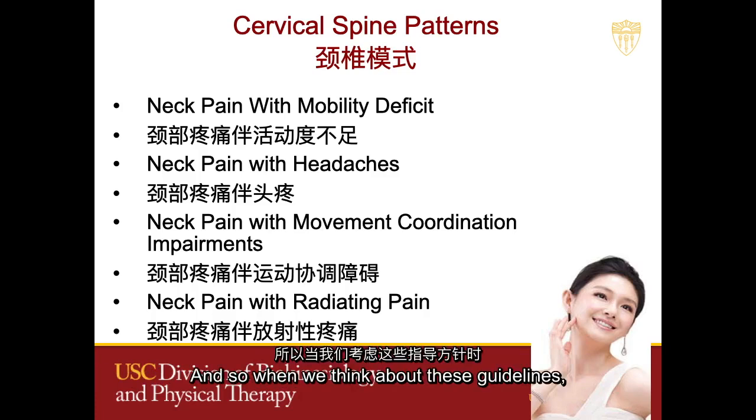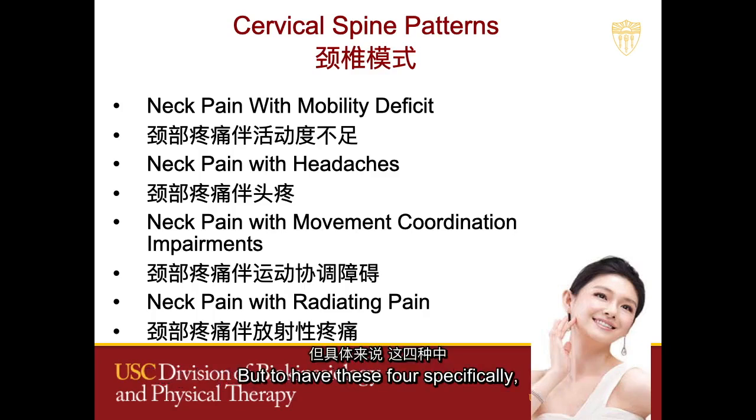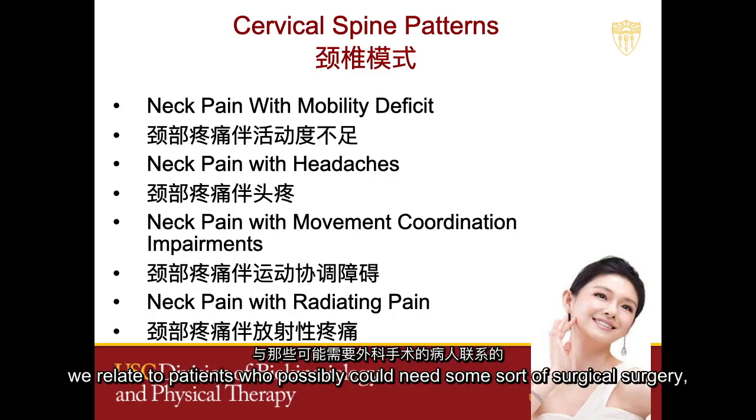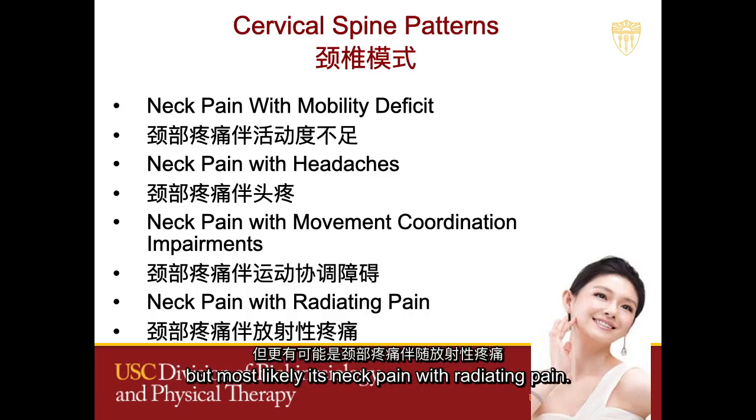And so when we think about these guidelines, I'm going to go into a little bit more detail related to them. But 2 of these 4 specifically, we relate to patients who possibly could need some sort of cervical surgery. And that's either neck pain with mobility deficit, but most likely it's neck pain with radiating pain.